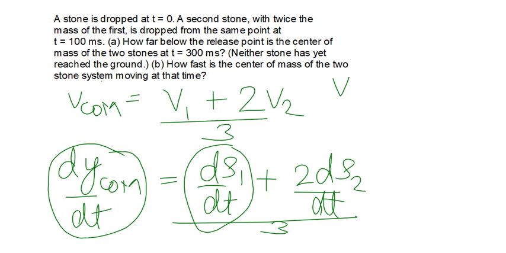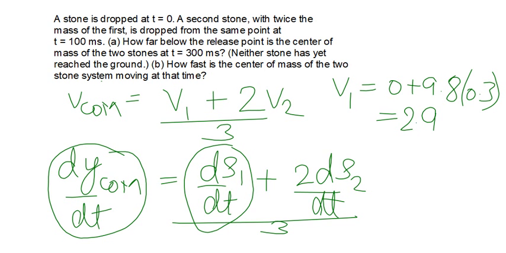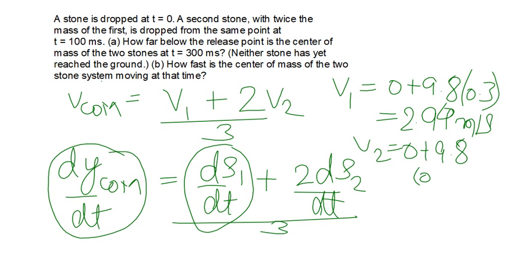Now v1 is given by 0 plus 9.8 times 0.3, which comes out to be 2.94 meter per second. Similarly, v2 is given by 0 plus 9.8 times 0.2, which comes out to be 1.96 meter per second.